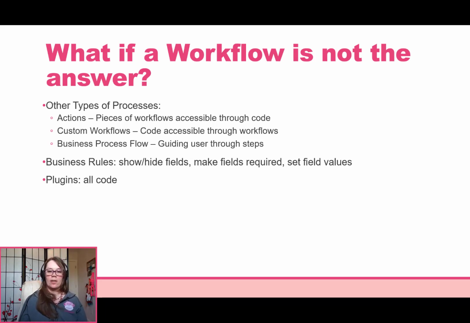And business process flows, so guiding users through certain steps. So maybe we don't want to automatically take an action, but we do want to show a user how to follow the process. We also have business rules, so showing and hiding certain fields, making fields required, setting certain field values.